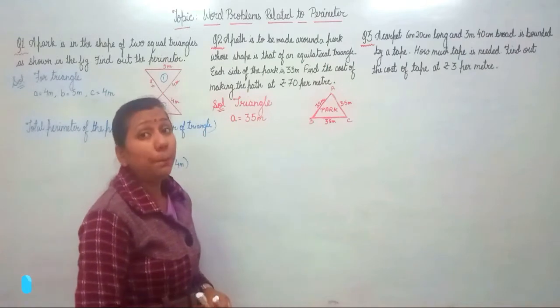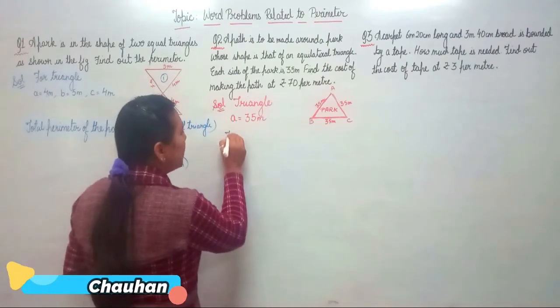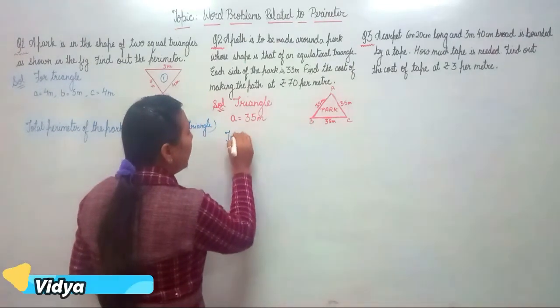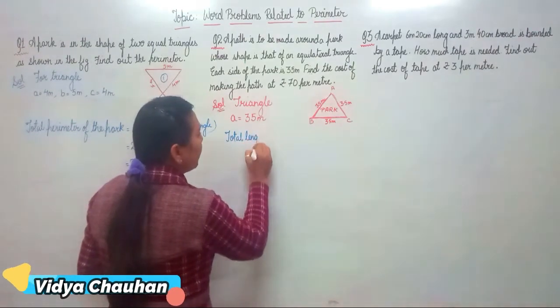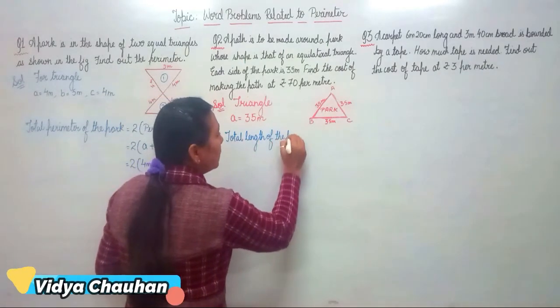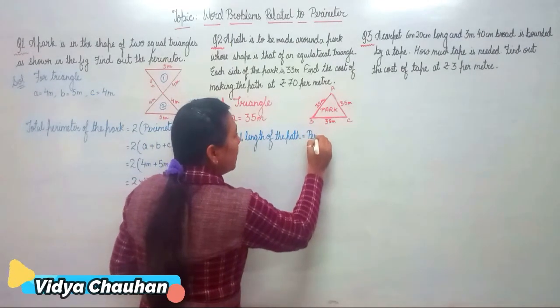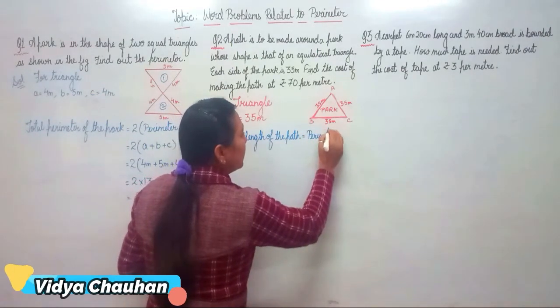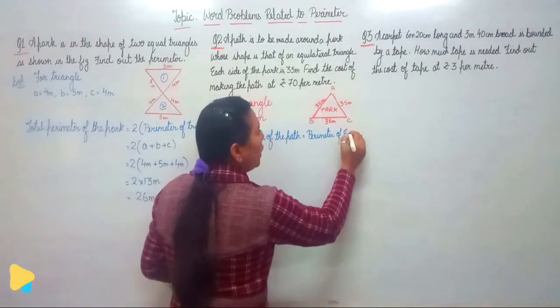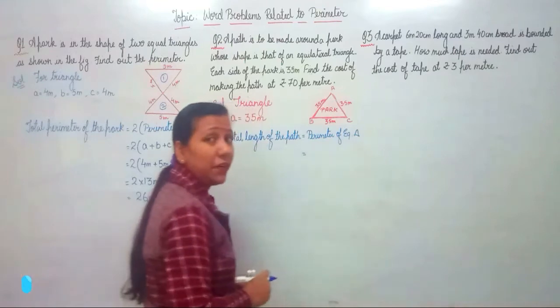It means the perimeter of the triangle. So in the next step you can write: the total length of the path is equal to the perimeter of the equilateral triangle.